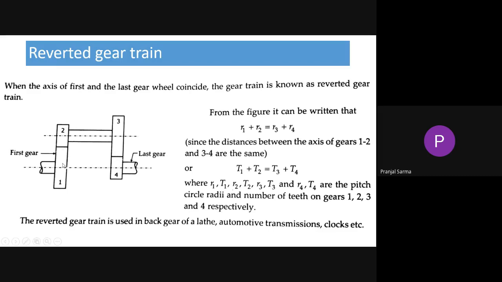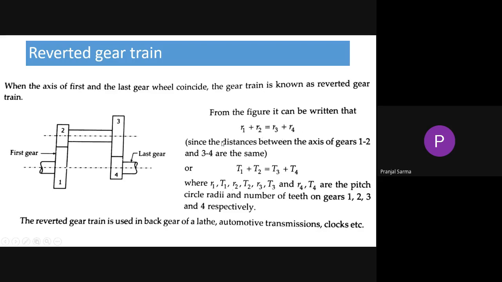Up to here is the radius of gear 1, from here to here the radius of gear 2, then the radius of gear 3, and the radius of gear 4. So we can write r1 plus r2 is equal to r3 plus r4, because the distance between the axes of 1 and 2, and of 3 and 4, is the same. So in terms of the radius I can write it like this.